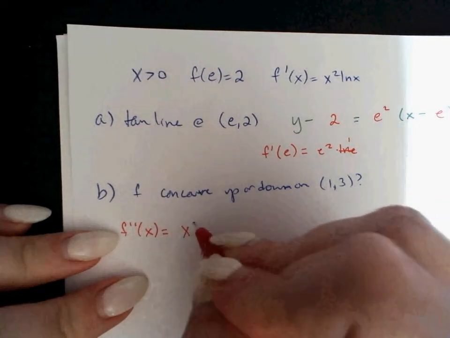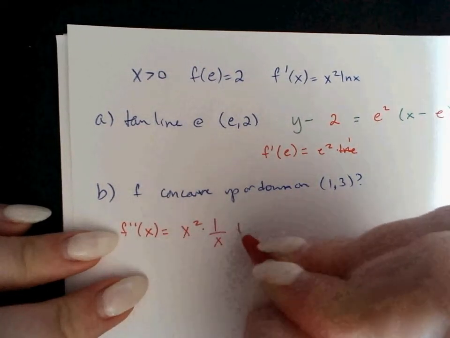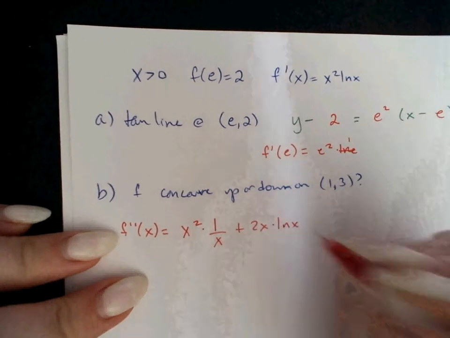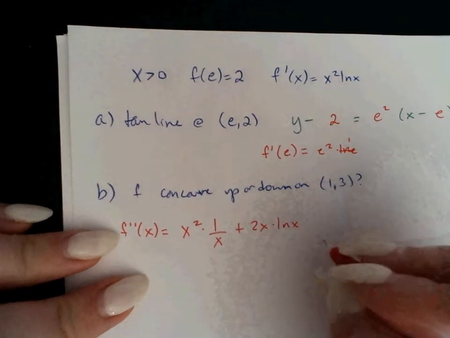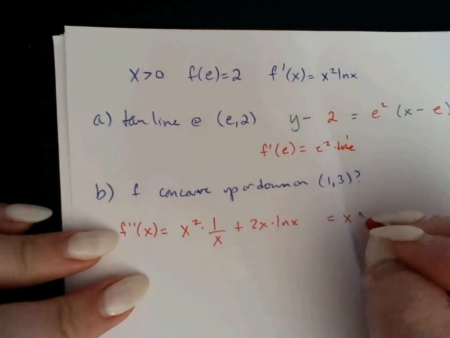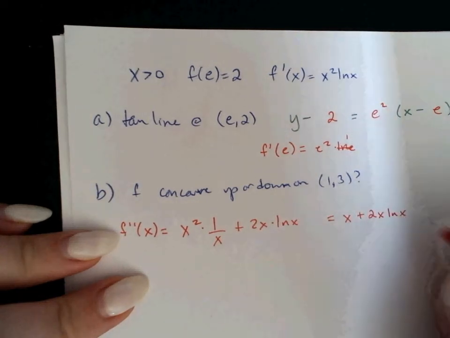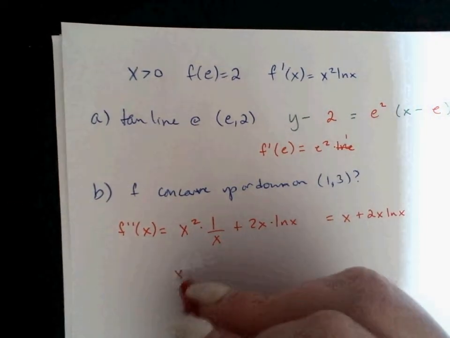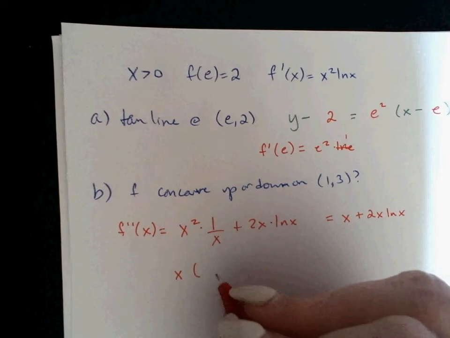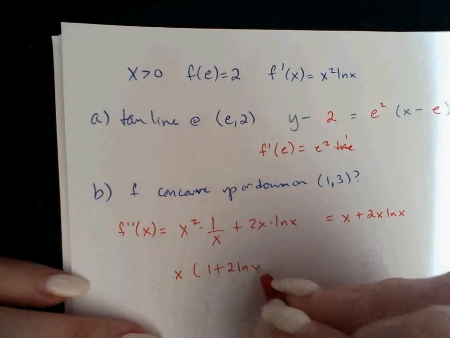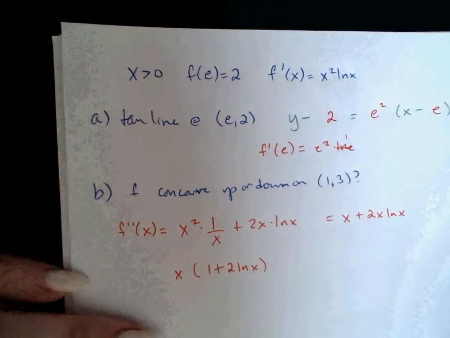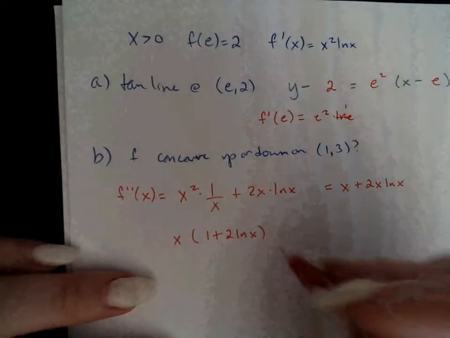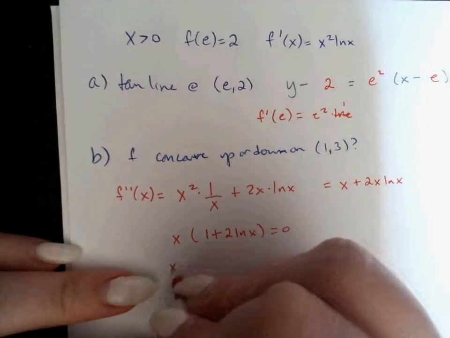F double prime equals first times the derivative of the second plus the derivative of the first times the second. So that becomes x plus 2x natural log of x. So I'm going to factor out an x, and I'm left with 1 plus 2 ln x. The reason I want to do that is because setting it equal to 0 is much easier if you factor.